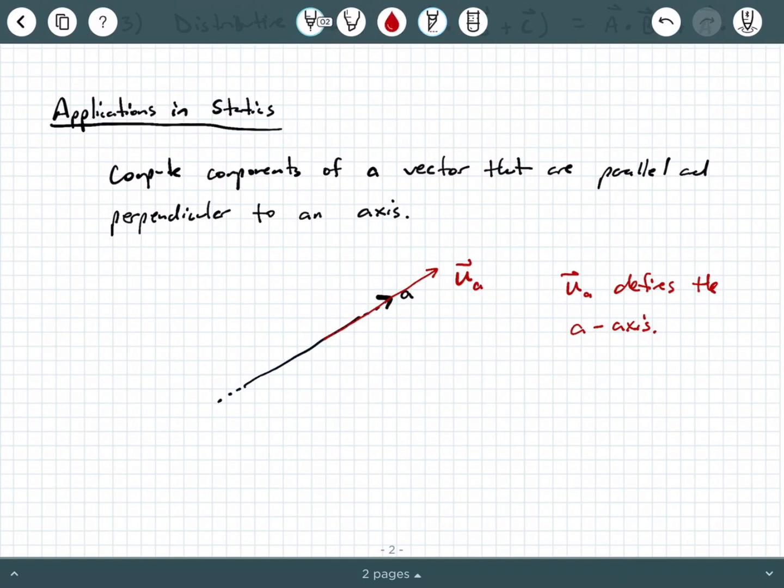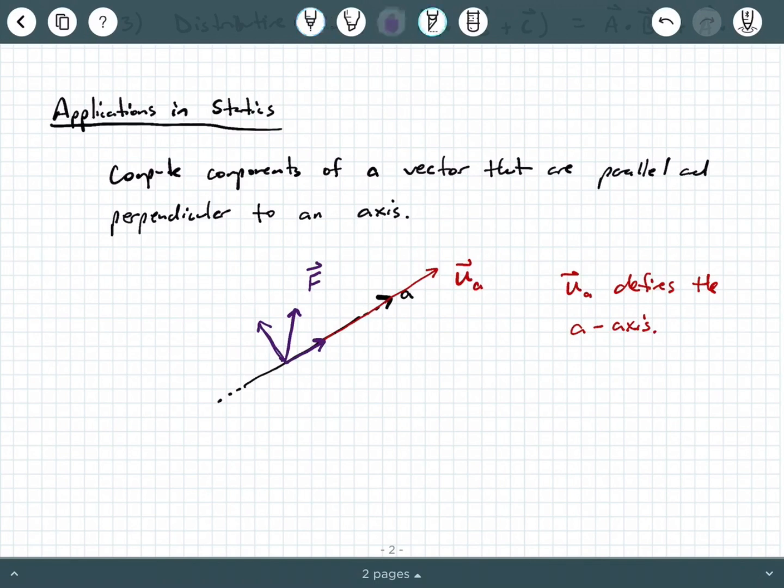So now let's say that you have an applied force acting like so, all right? Let's call this vector force F. So what we may be interested in is the component of vector force F that is parallel to this axis right here, as well as the component that is perpendicular to this axis right here, all right?